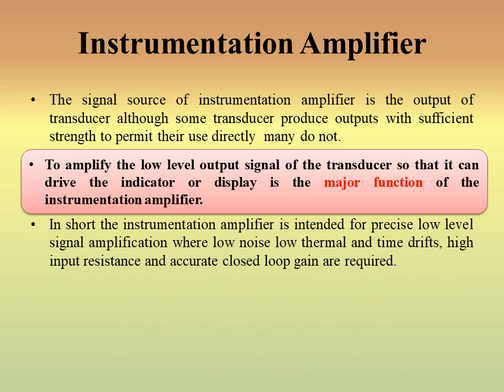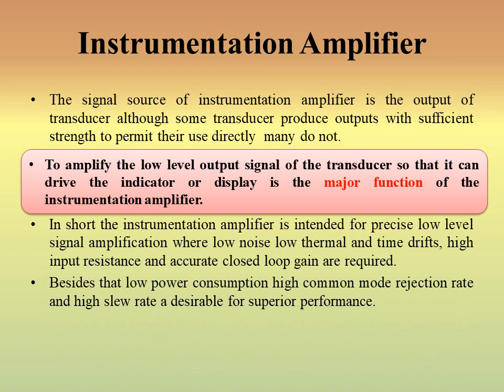In short, the instrumentation amplifier is intended for precise low level signal amplification where low noise, low thermal and time drifts, high input impedance and accurate closed loop gain are required. So an instrumentation amplifier should perform low level signal amplification, the signal should have low noise, low thermal and time drifts, and it should have a high input impedance and a very accurate closed loop gain.